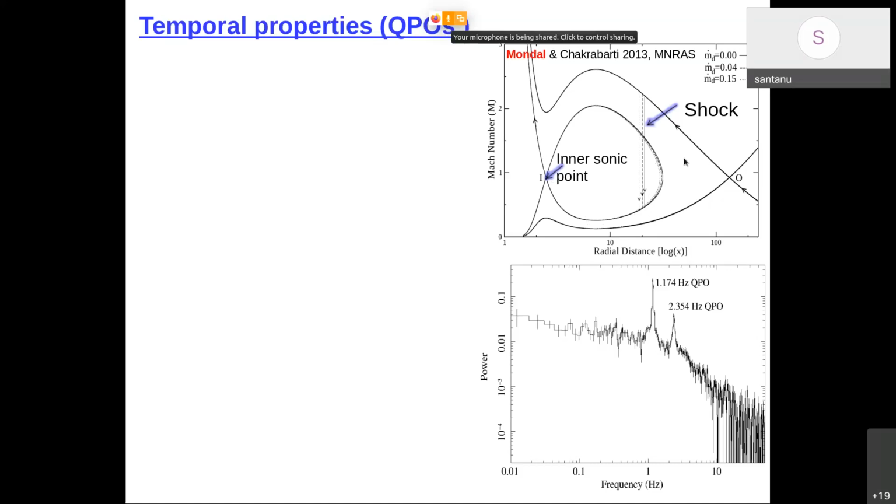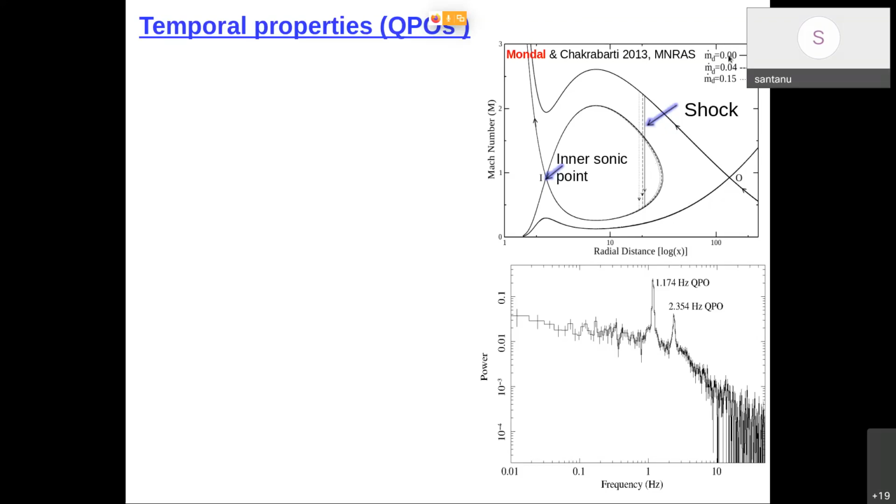But it is not necessary that a shock will always be present there. Therefore, matter can pass through the outer sonic point, be supersonic, and just enter into the black hole. However, these three transition lines are for three different accretion rates, that means three different cooling rates.